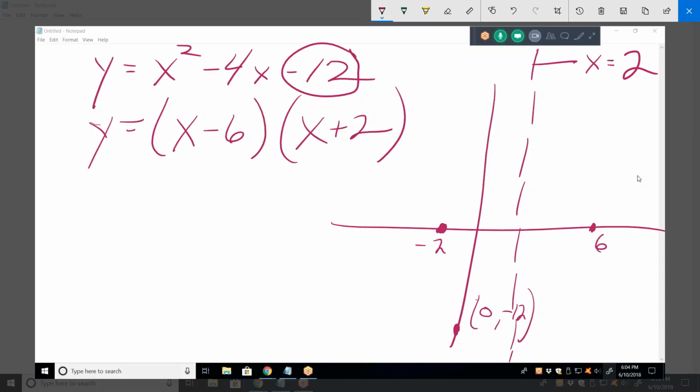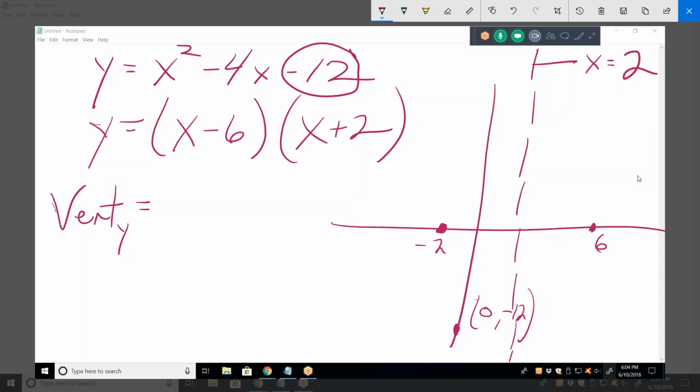In fact, the only thing I am missing is the y coordinate of the vertex. So what is the y coordinate of the vertex? I know what the x coordinate is. It's 2. Would it be 0?